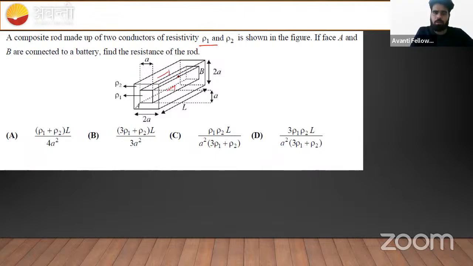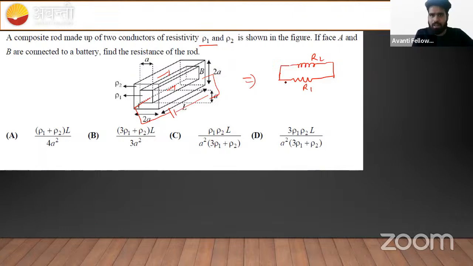If current is flowing in this direction, there are two resistances. If we see this diagram in side view, one resistance corresponds to the smaller rod, say R1, and the other corresponds to the outer rod, R2. If the terminal voltage applied here is the same, then both resistances are connected in parallel.